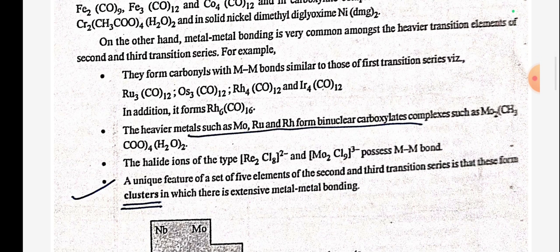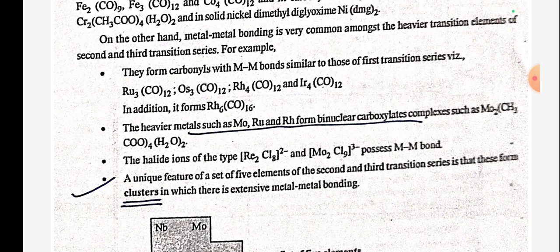On the other hand, metal-metal bonding is very common among the heavier transition elements of the second and third transition series. They form carbonyls with M-M bonds similar to those of the first transition series: Ru3(CO)12, Os3(CO)12, Rh4(CO)12, Ir4(CO)12. In addition, it forms Rh6(CO)16.